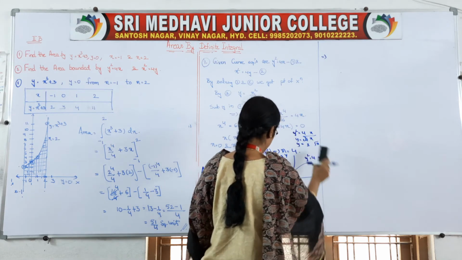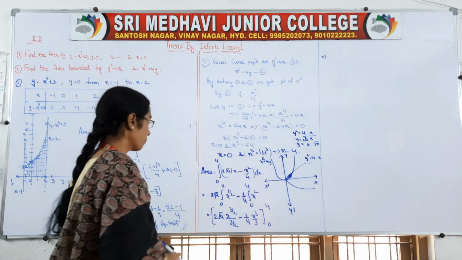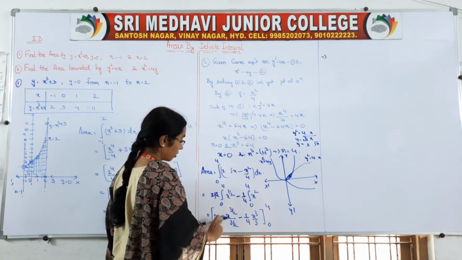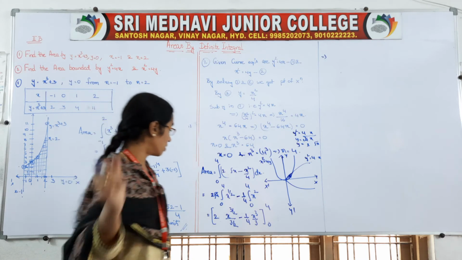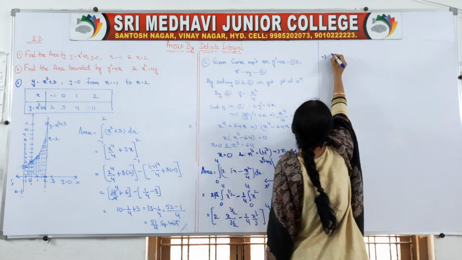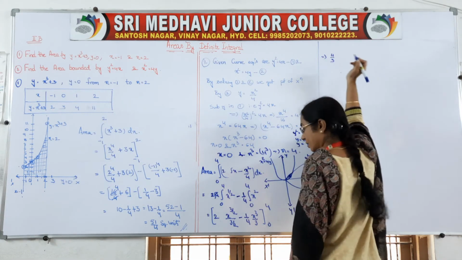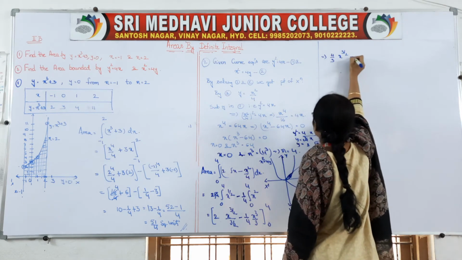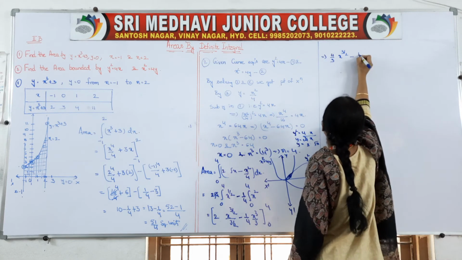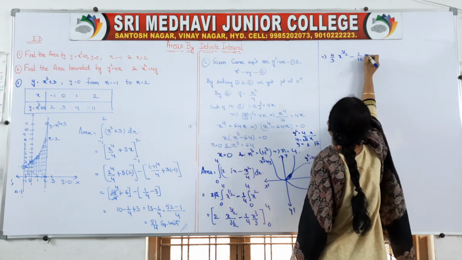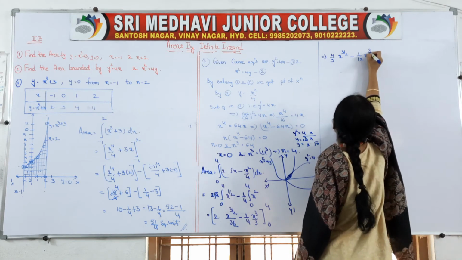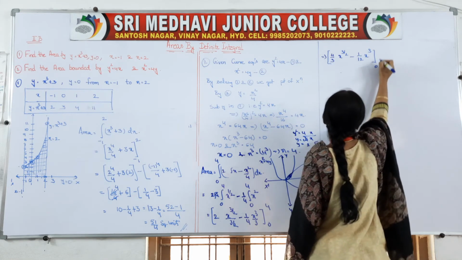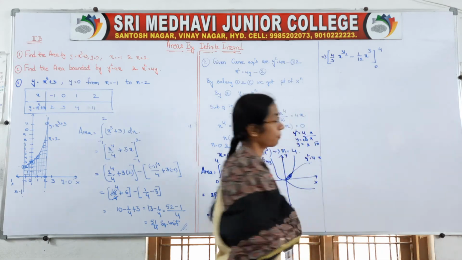So we are having 2 root x only. Now it is 2 into 3 by 2, that is 4 by 3, x to the power of 3 by 2, minus 1 by 12 into x cube, with bounds 0 to 4.